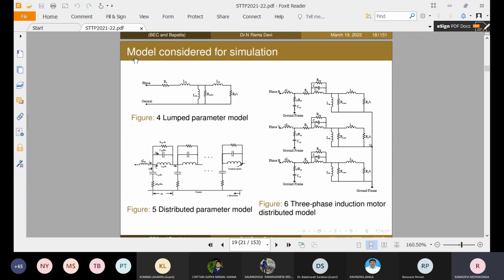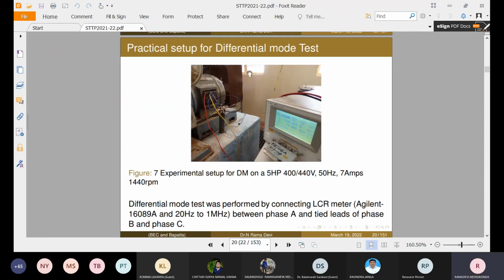These components we obtained from the no load and blocked rotor test. Apart from these, we require additional parameters in the distributed parameter model, and those parameters are achieved by using the differential mode test and common mode test.